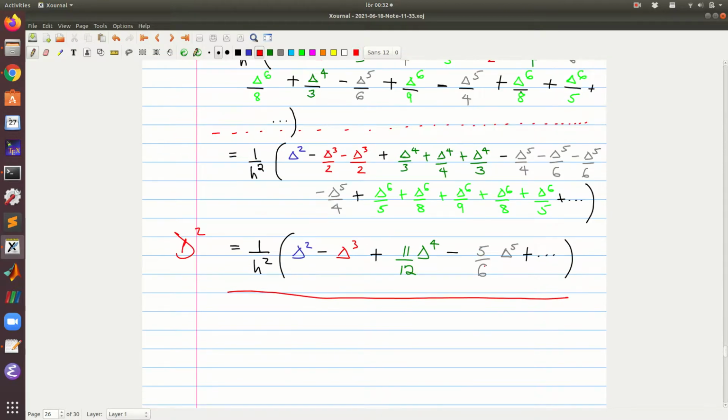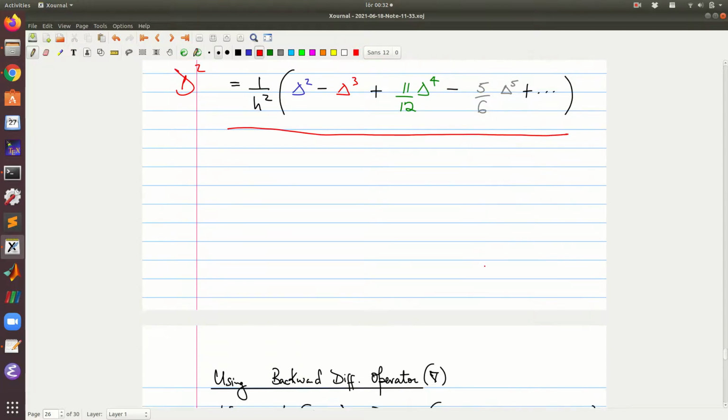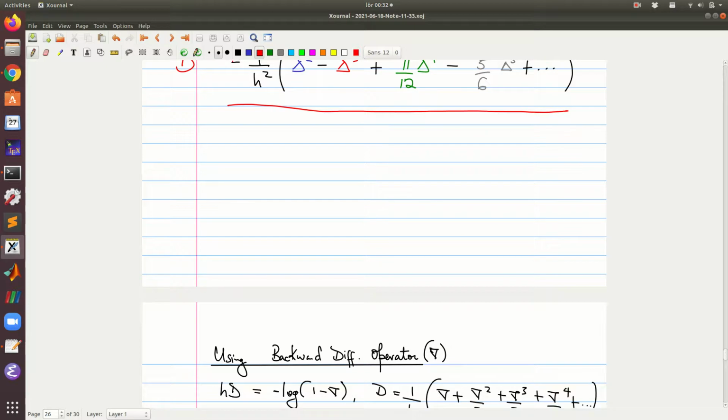So if you have the expression for D and 1 over h squared, then we can define, we have already seen, that f prime of x, the first derivative, can be written as the derivative of f of x with respect to x, and we say that it is the same as D f of x, where D is the differential operator.